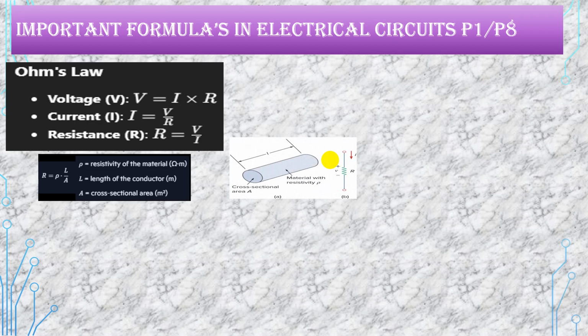Coming to its structure, this is the length of the conductor and this is the cross-sectional area. The material resistivity is rho, which varies from material to material, like copper, silver, aluminum, steel.